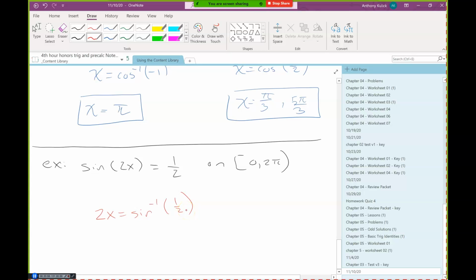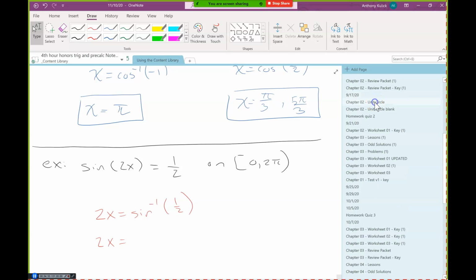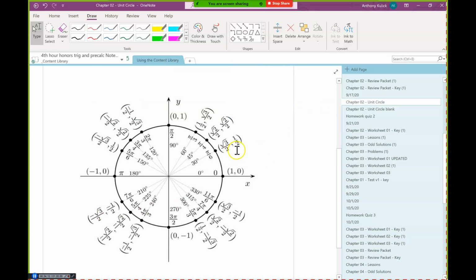So that gives us, I'm sorry, 2x is equal to sine inverse of 1/2. So I'll go to my unit circle now and look up the places where sine is equal to 1/2. That is where the y coordinate is 1/2. So that's pi over 6, as well as 5 pi over 6. Everybody okay with that?